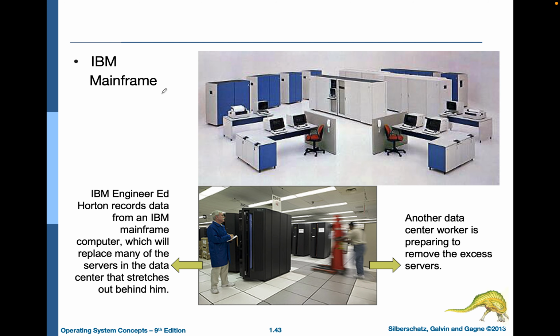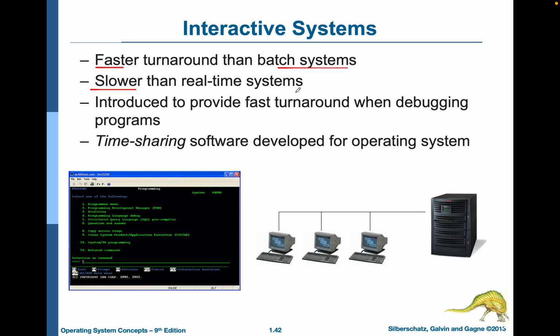I think after this is the real-time system, so it's slower than a real-time system. It was introduced to provide fast turnaround when debugging. So time-sharing software was developed for the operating system. This is an example of an interactive system that we have previously.